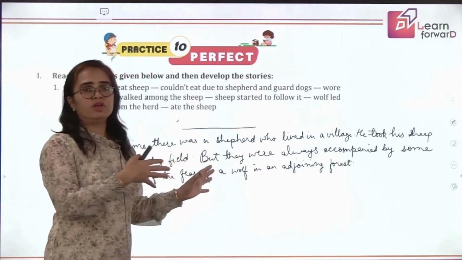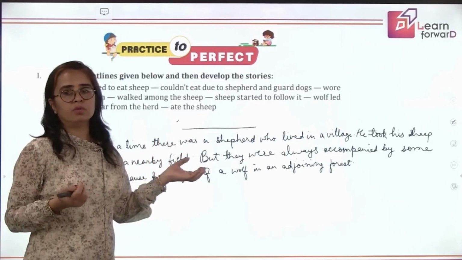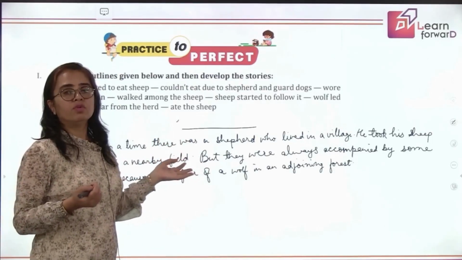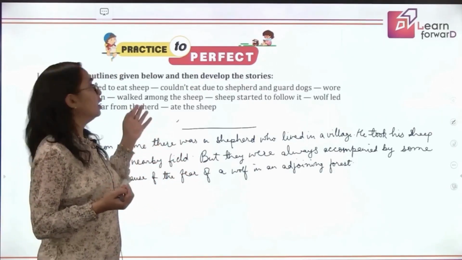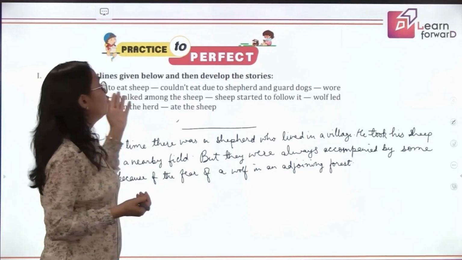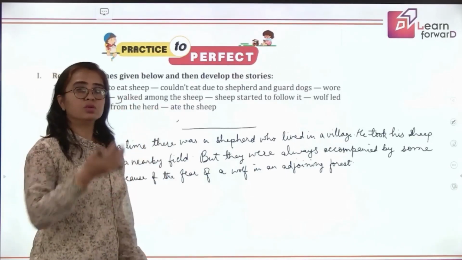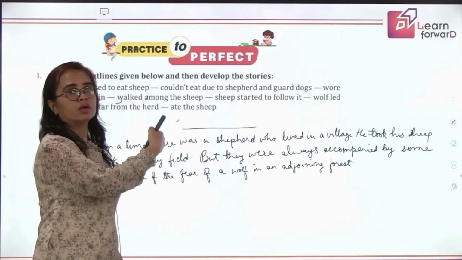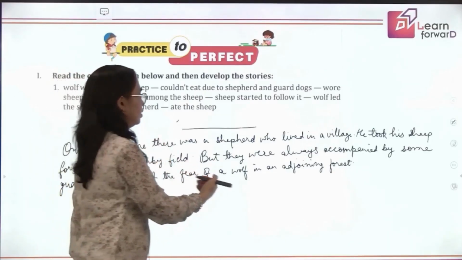Now, after giving this brief introduction about the story, then we can move ahead with what is given in the hints in the beginning. Wolf wanted to eat sheep. So, the role of your hints will start from here.